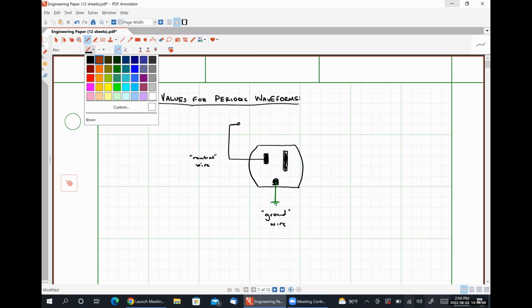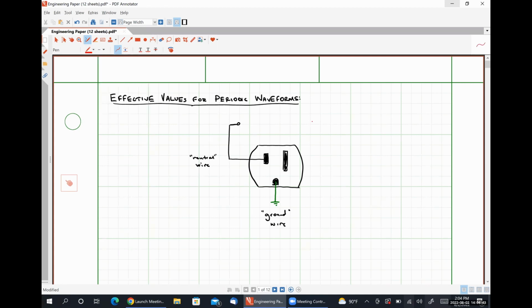And on the right-hand side, we have what's commonly referred to as a hot wire. And there is a potential difference between the hot wire and the neutral wire. So for a receptacle here in the United States, can anybody tell me what that potential difference is?